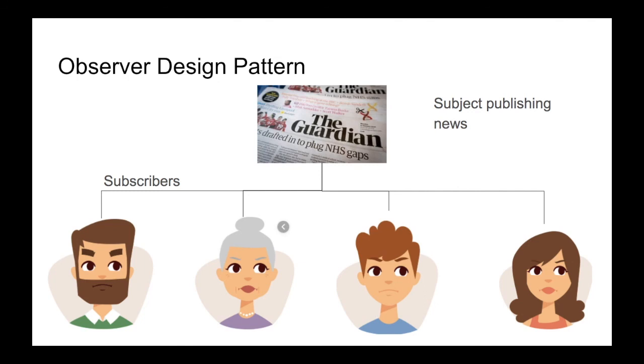Let's suppose it's the Guardian or the Times of India. It releases a newspaper every day, right? Its work is to release it. Now it's our choice whether we want that newspaper or not. So we subscribe to that newspaper, and we daily get that newspaper at our doorstep whenever we want, and we will be getting that newspaper till we unsubscribe, right?